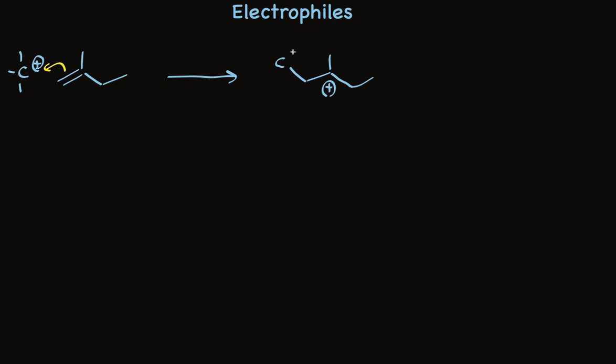It has three things attached to it. Doesn't matter what they are right now. We talk about this carbocation as an electrophile. It's an electron pair acceptor, so it's a Lewis acid, but we don't call it a Lewis acid, we call it an electrophile.